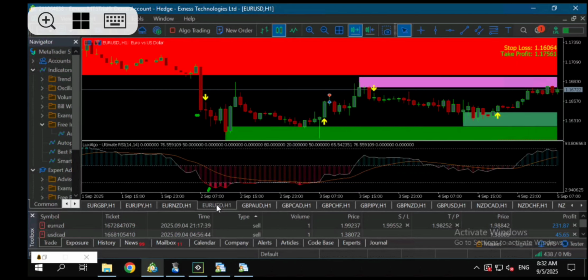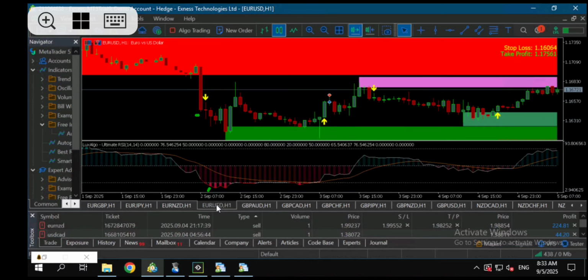For those of us already using the AutoZone indicator, we have 4 zones on the auto detector. We have the weak zone, the verified zone, the proven zone, and the strong zone.